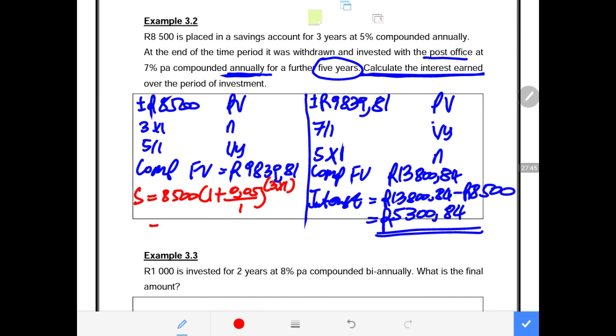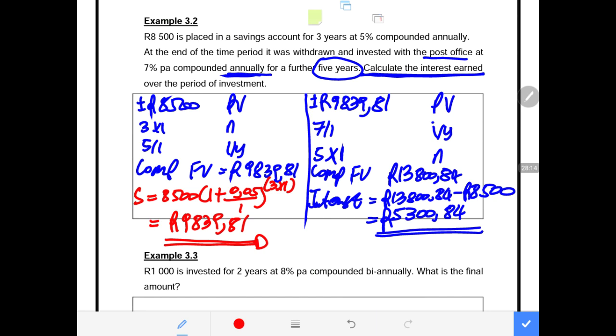And if you do this, you get exactly the same amount, 9,839.81. This is easy without using the functions of the calculator, so whenever you write an exam, you must choose which one will be easier for you, so that you capitalize on time and grab as many marks as you can, so that time does not become a limiting factor stopping you from getting 100% in this very easy subject.